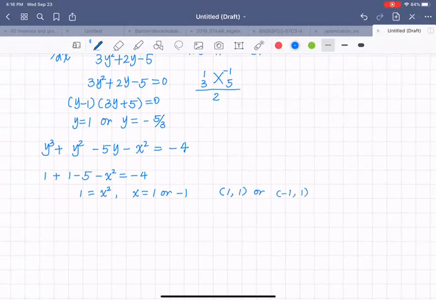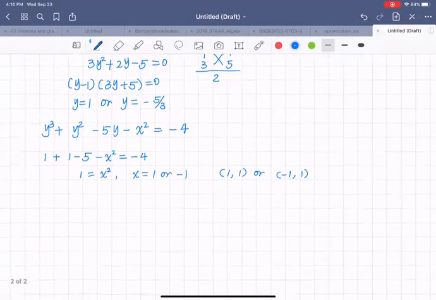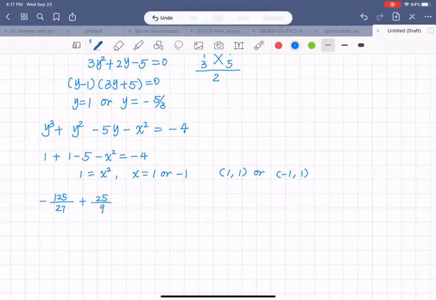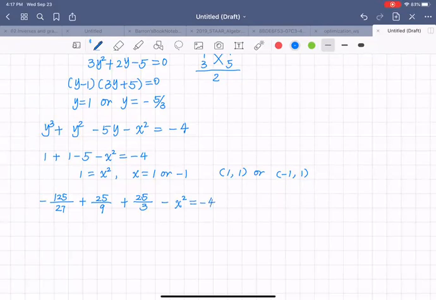Okay. Now let's do negative 5 over 3. Negative 5 over 3 cubed is negative 125 over 27, plus 25 over 9, and then minus 5 times that, which is plus 25 over 3, minus x squared equals negative 4.